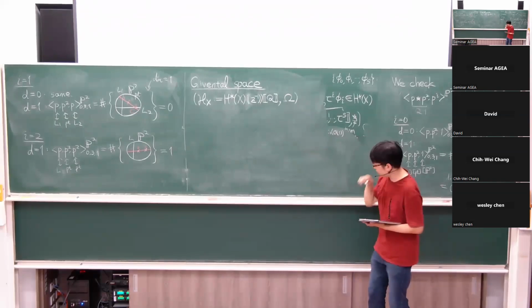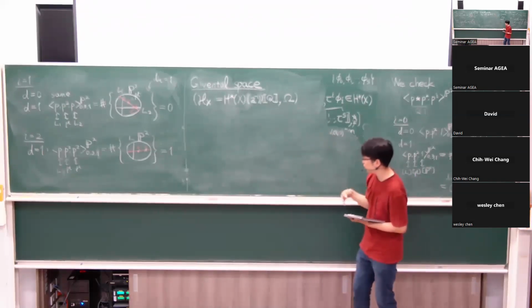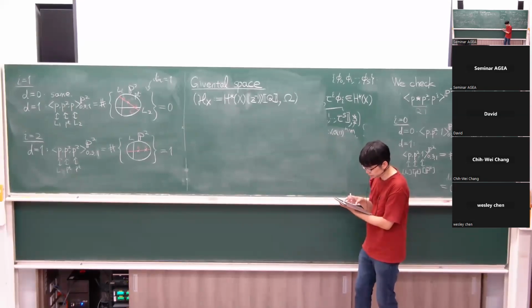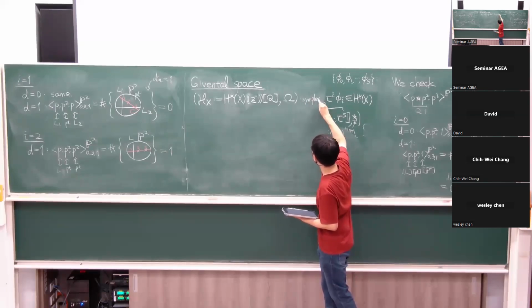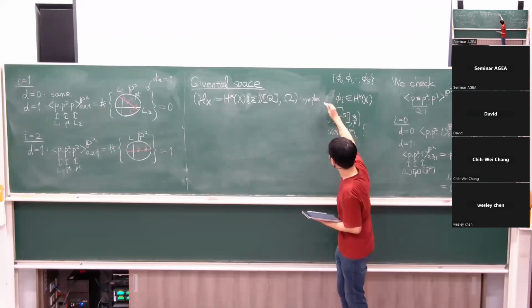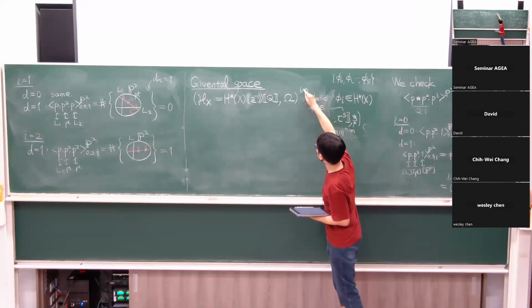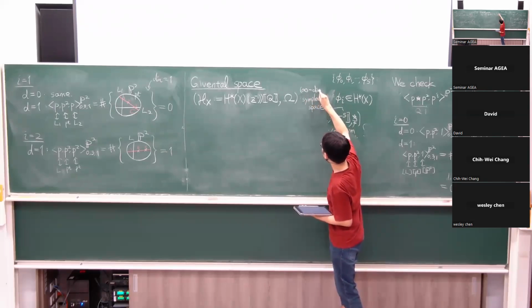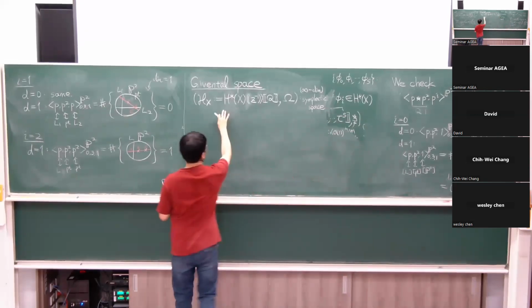Givental gave a geometric interpretation of this relation. He introduces this space, which is called Givental space.